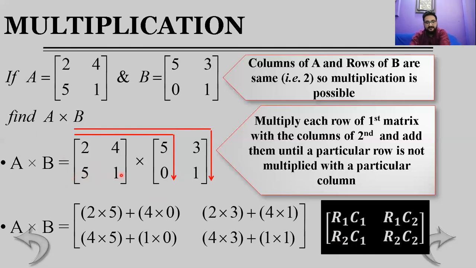Second row is here. And multiplied to C1, it means first column. So in the position of C, the value is second row multiplied to first column.